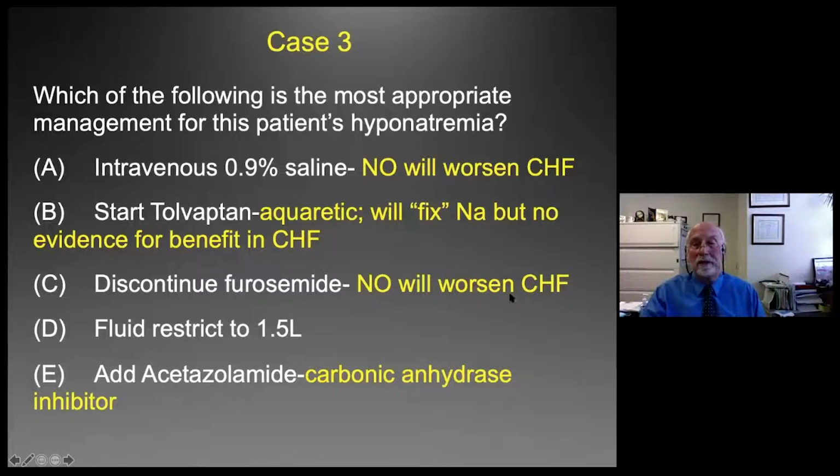We wouldn't want to do this because she requires that loop diuretic to maintain negative sodium balance and stay out of heart failure. This is a weak diuretic that works in the proximal tubule, wouldn't add much. So the correct answer was to continue or to start a fluid restriction of 1.5 liters.